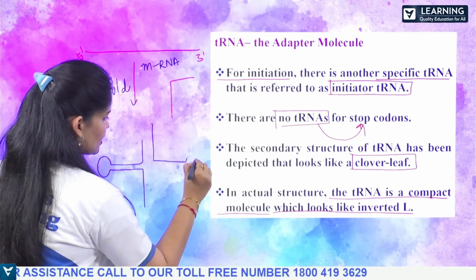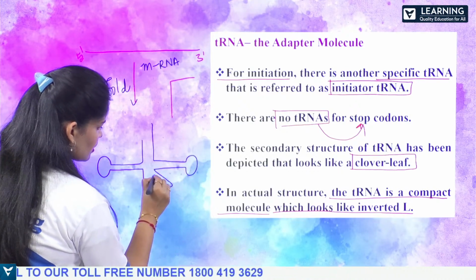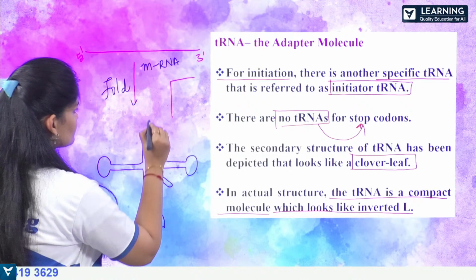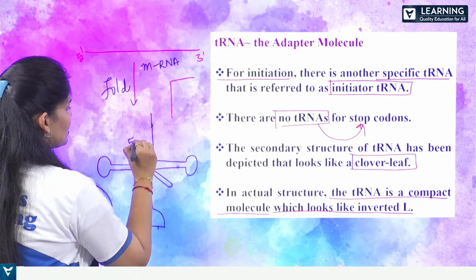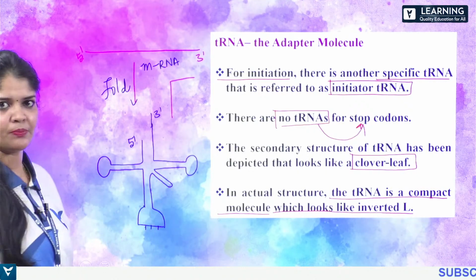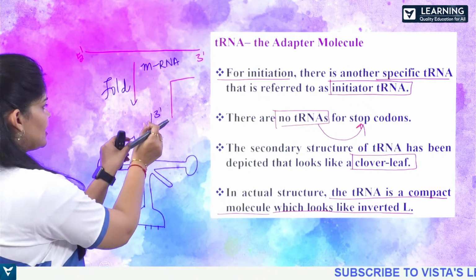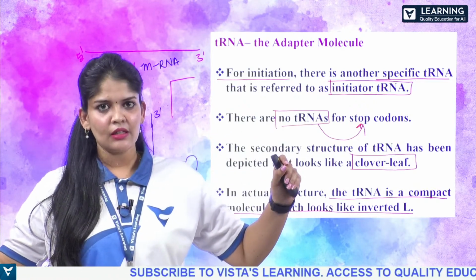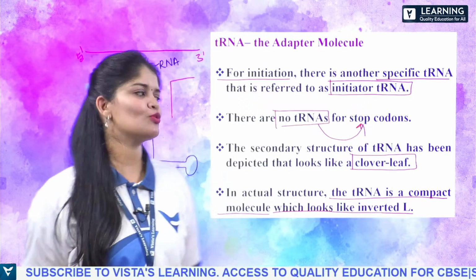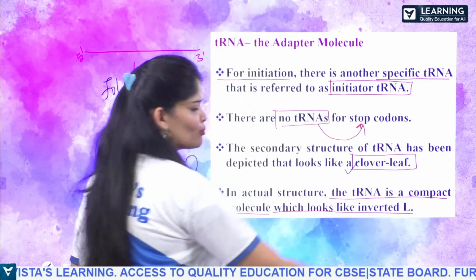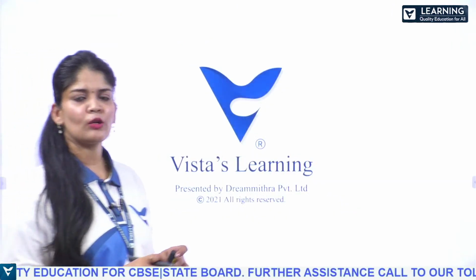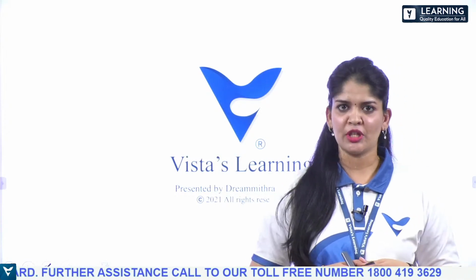This is all just folding. You can find 5' and 3'. So, actually, if you take it off, it will come like a single thread. This single thread will fold in such a way that it is going to look like a clover leaf model. That's it, right? This is all about the structure of the tRNA and moreover genetic code and mutations.